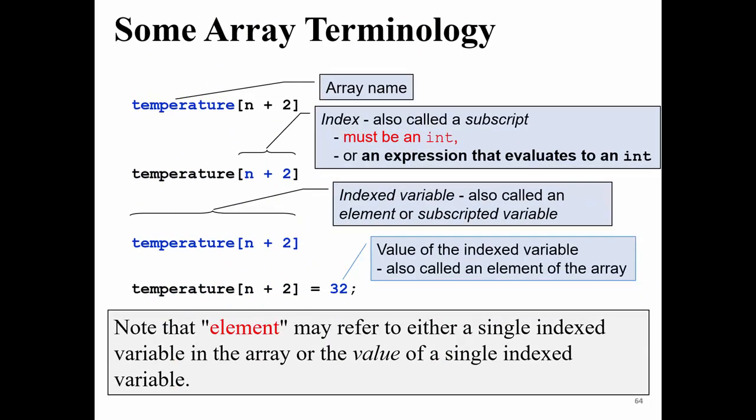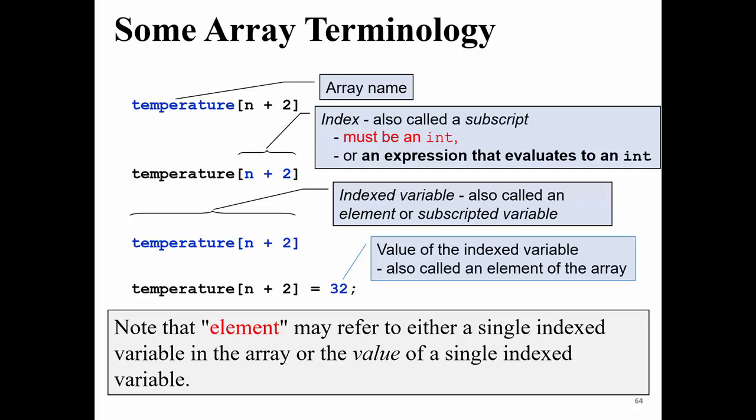Some terminology we're going to use in this course about the array. In temperature square bracket n plus 2, temperature is the name of the array. N plus 2 is the index, also called a subscript. It must be an integer. As you see, the index of the array is an integer value.